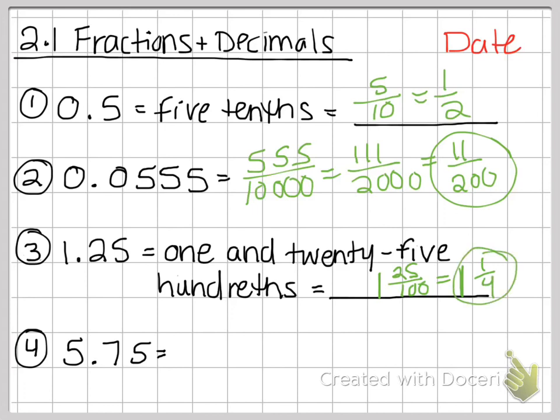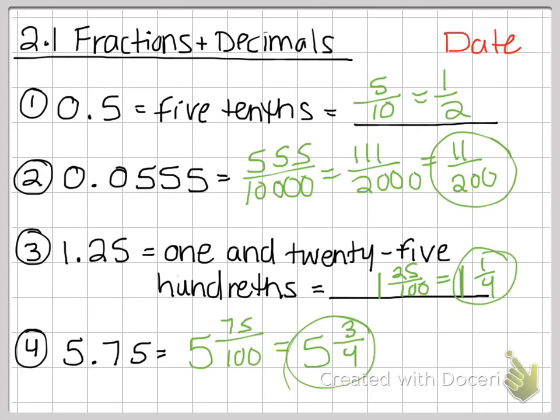And number 4, my whole number is 5, so it goes outside the fraction, and 75/100ths. So 75 is my numerator and 100 is my denominator. And that simplifies to 3/4. 75 cents is 3/4 of a dollar.